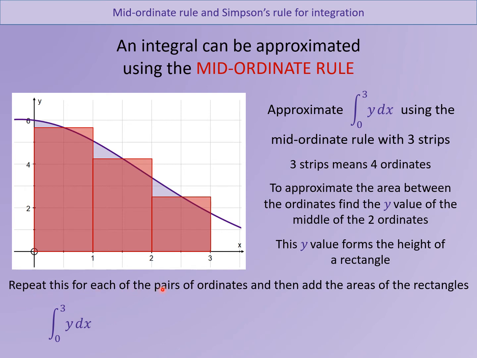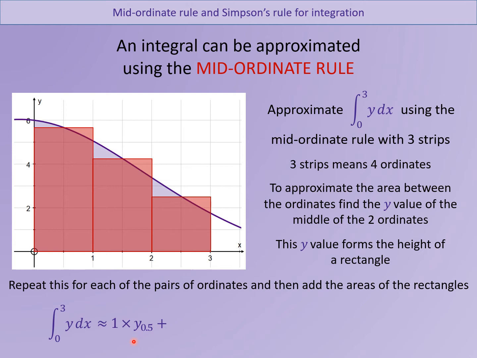So we're going to repeat this for each of the pairs of ordinates. We're looking for the integration between 0 and 3, and it is approximately the area of that first rectangle. In this case, it has a base of 1 and a height going up to whatever the y value at 0.5 is. That 0.5 is because it's in between the first ordinate and the second ordinate.